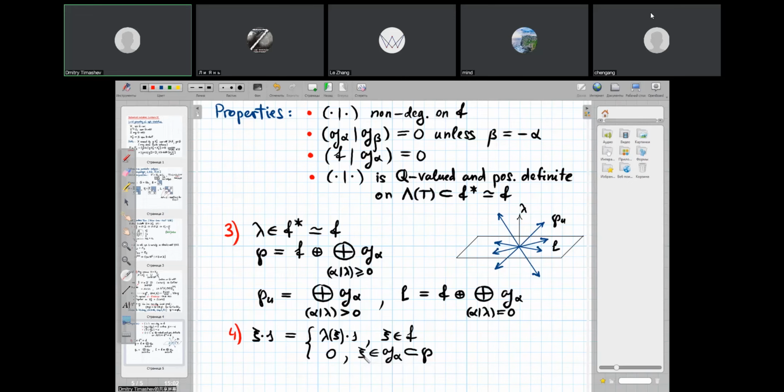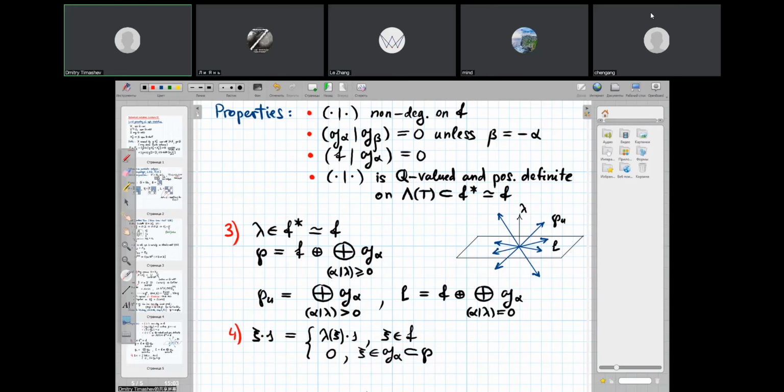So unipotent subgroups have no non-trivial characters. On the group level, the respective group element will preserve S, and on the Lie algebra level, the respective element will annihilate S. So I explained these two formulas here.